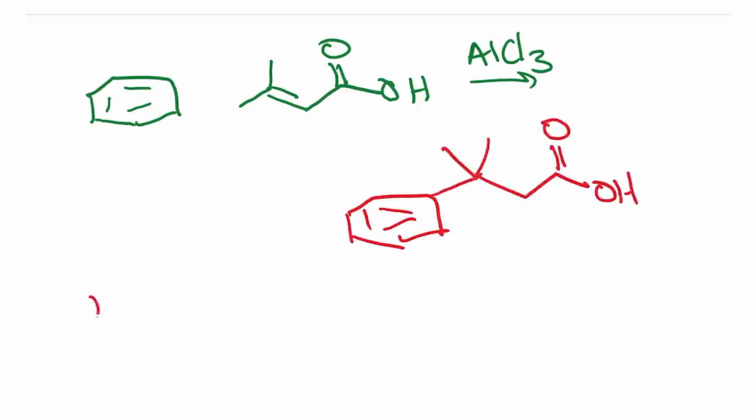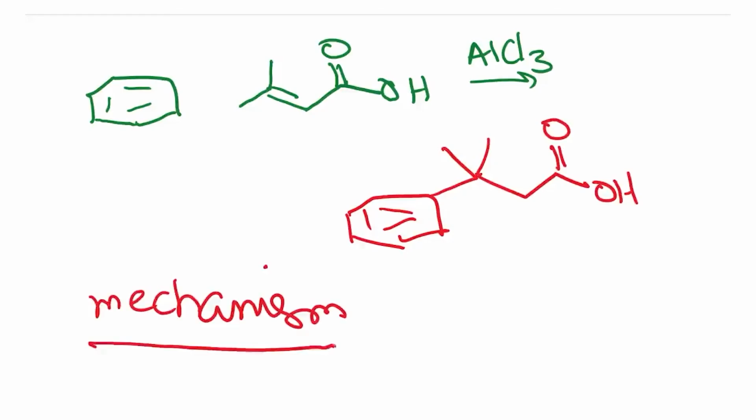So draw out the arrow pushing mechanism for this when you get time, and get yourself familiar with this whole reaction. Now let's try and understand some of the aspects of reactivity of these conjugated olefins or conjugated carbonyl compounds, or these alpha beta unsaturated carbonyls.